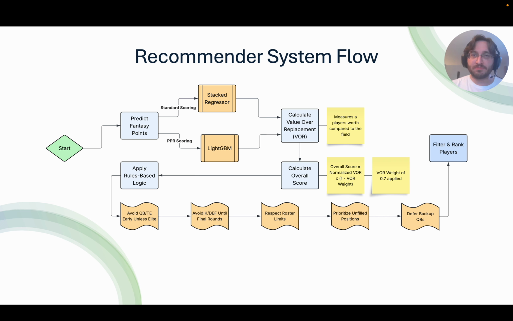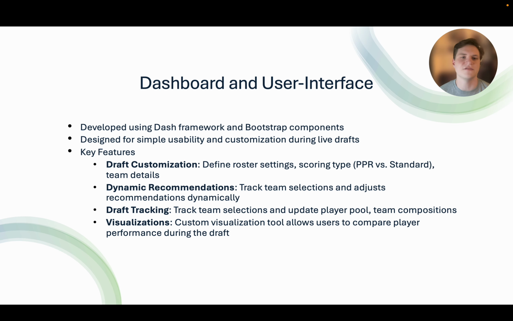the recommender system. We developed our dashboard and user interface using the Dash framework and Bootstrap components, and overall it was designed for simple usability and customization during live drafts. Some of the key features include draft customization, so defining roster settings, scoring type between PPR and standard, and team details. The dynamic recommendations track team selections and adjust your recommendations dynamically based on who's available and your team composition.